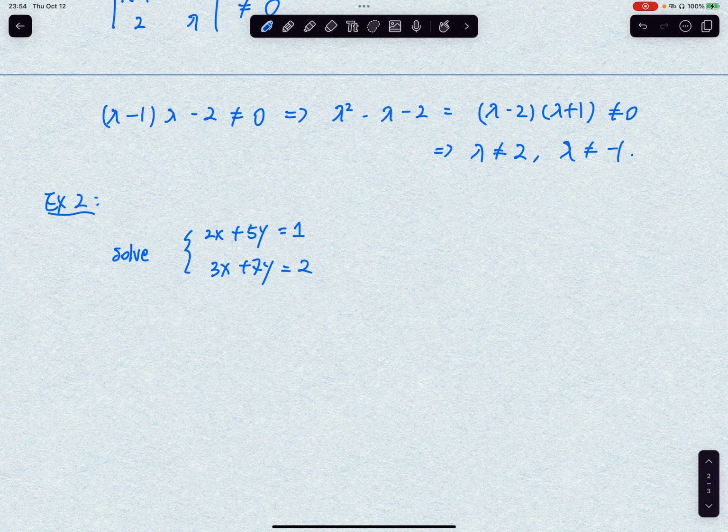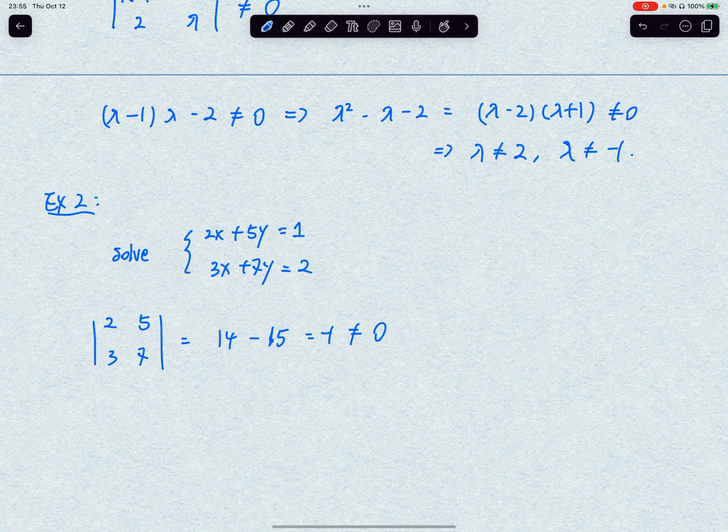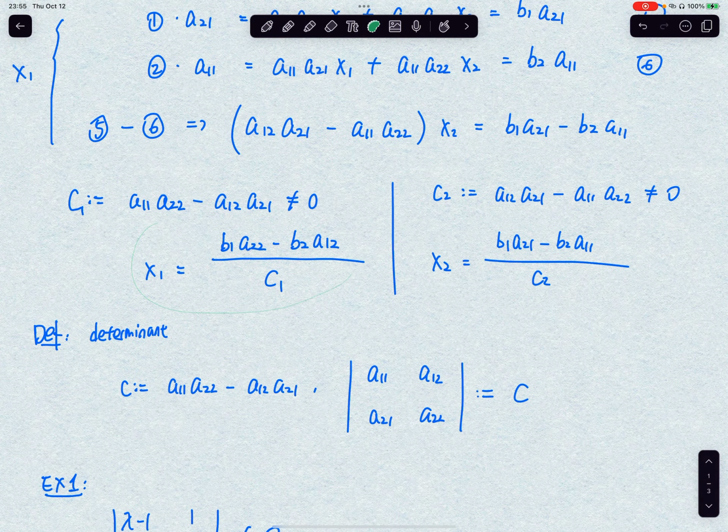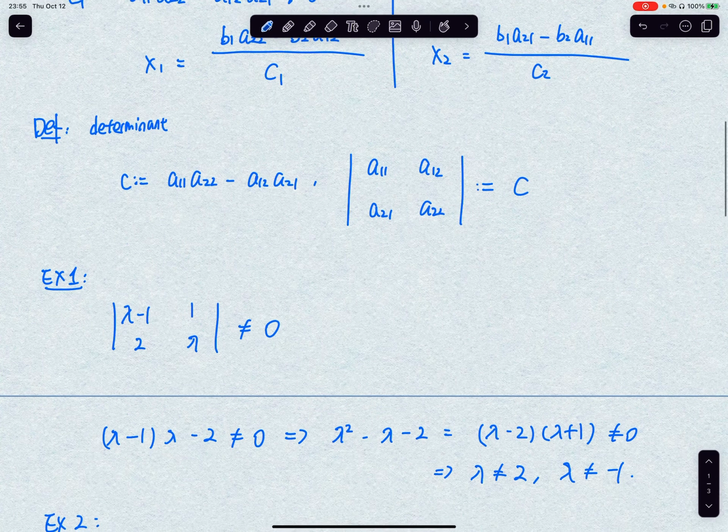So we may write it as a determinant form using only the coefficients of the linear system. So that is 2, 5, 3, 7. And this guy, by definition, is 14 minus 3 times 5, 15, is minus 1, which does not equal 0, which means we have a solution or multiple solutions. So therefore, we may apply these two equations to find the solution.